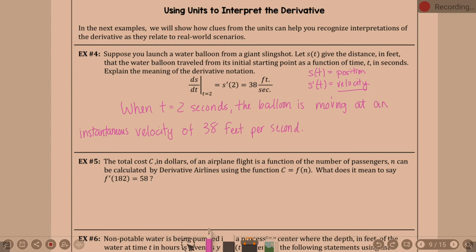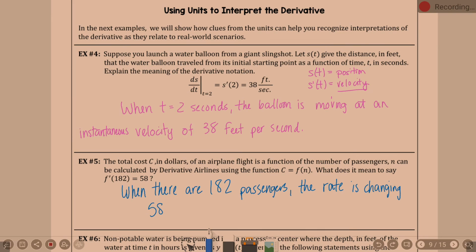So I think I'm going to say when there are 182 passengers, the rate is changing $58 per passenger.